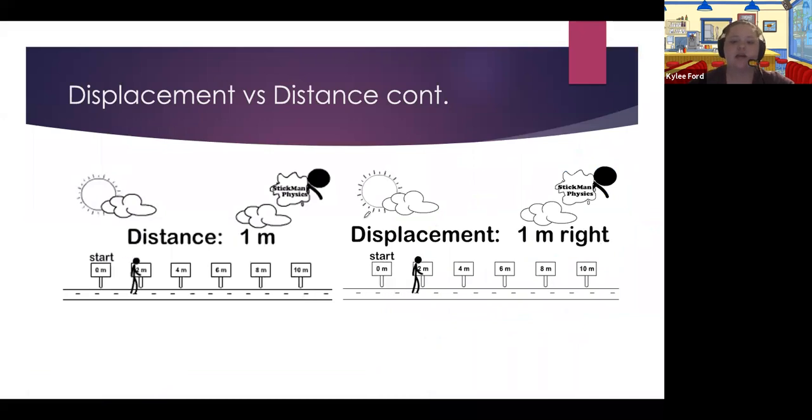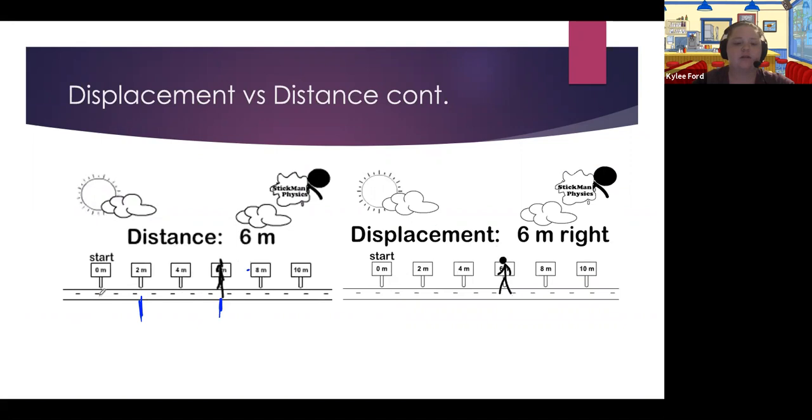Okay, now I have a couple of GIFs here to show you the difference between distance and displacement. Now as you can see in this distance one, he starts at 0, he starts walking, he gets all the way to 6, turns back, stops here.